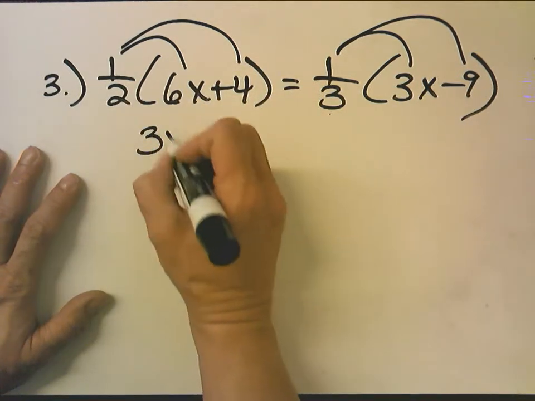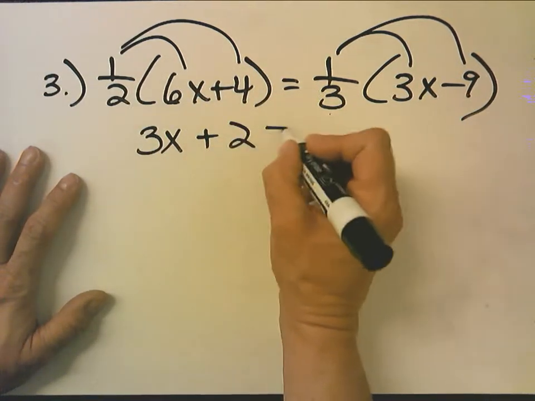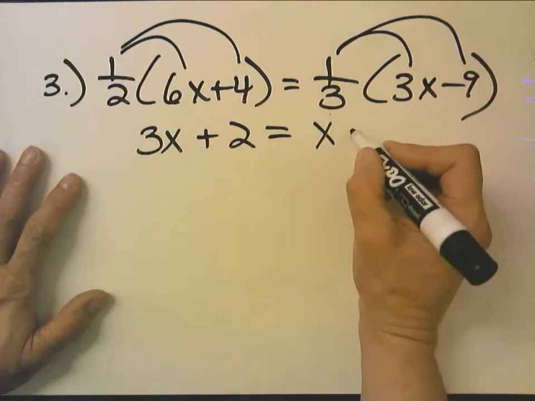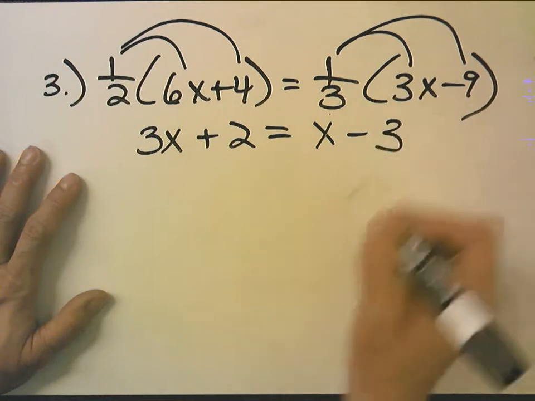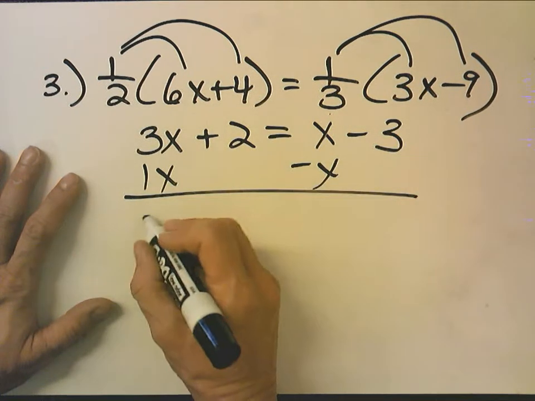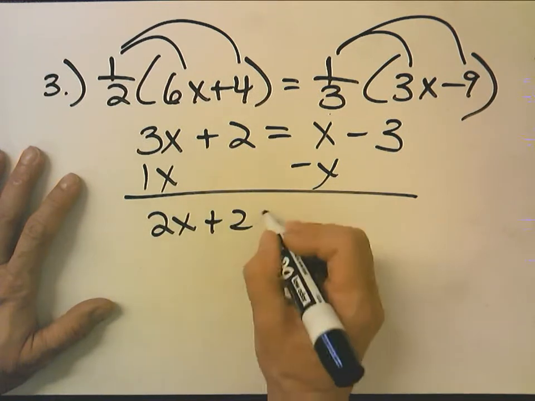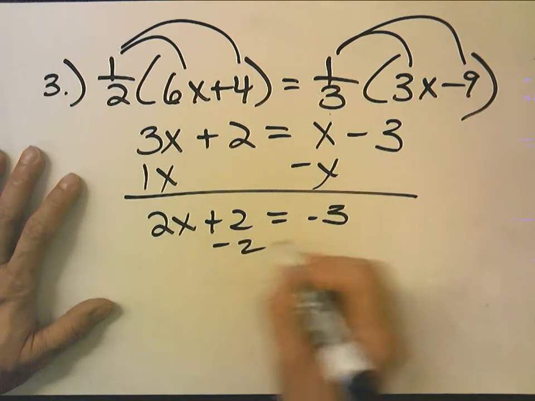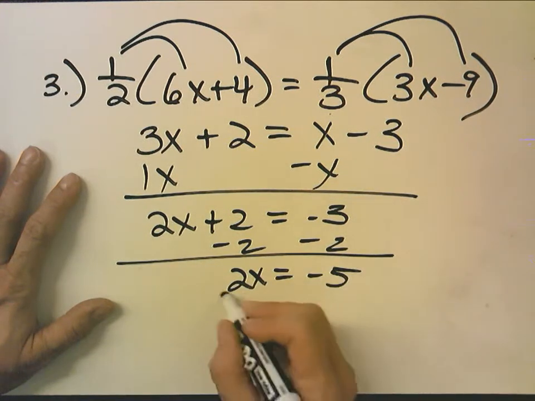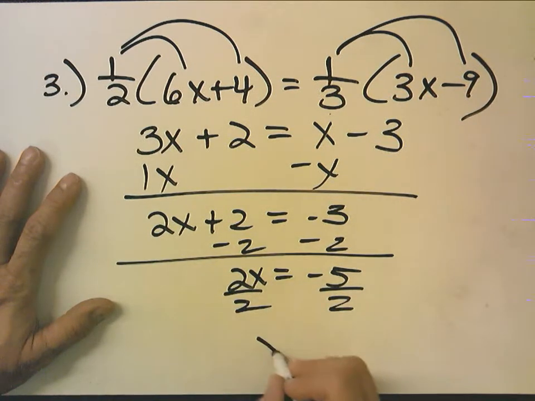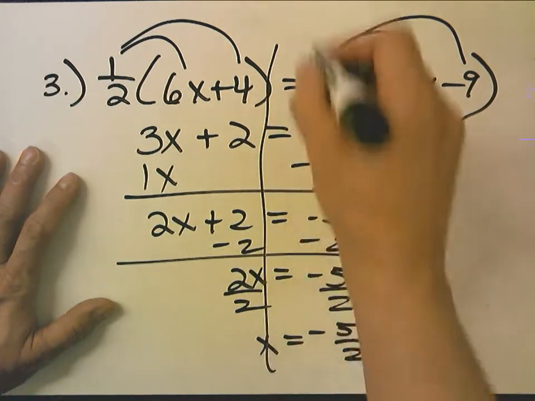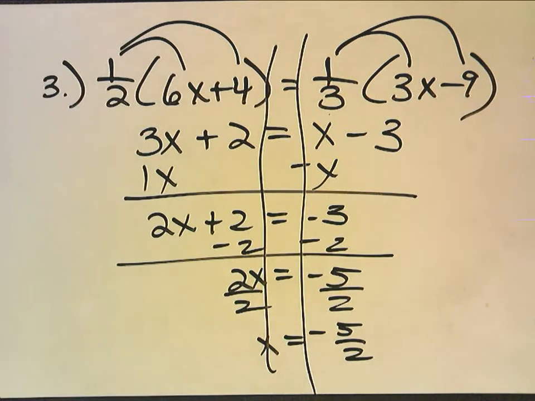Half of 6x is 3x, half of 4 is 2, 1/3 of 3x is x, and 1/3 of -9 is -3. Now I subtract 1x from both sides. I get 2x plus 2 equals -3, minus 2, minus 2, 2x equals -5, divide by 2, divide by 2, x equals -5/2. Notice I keep my equal sign lined up.